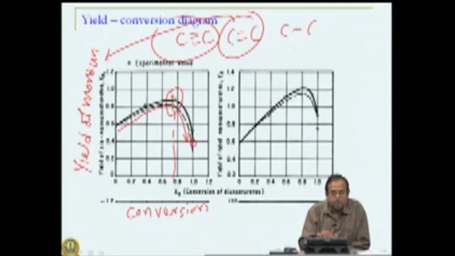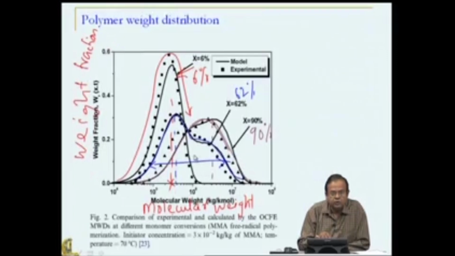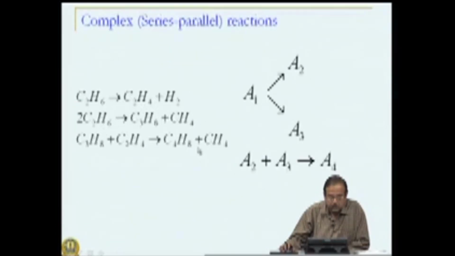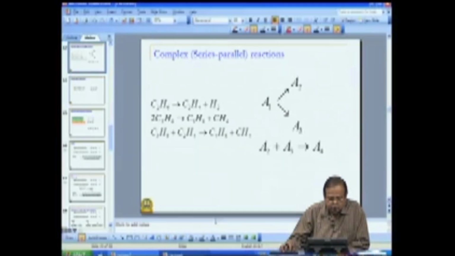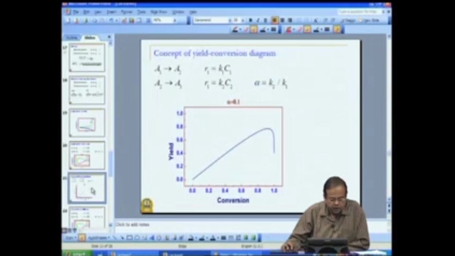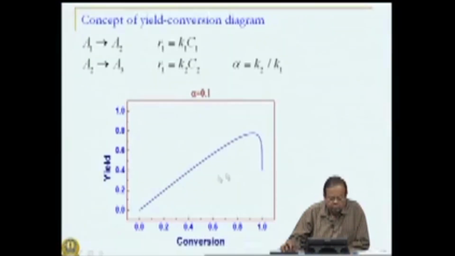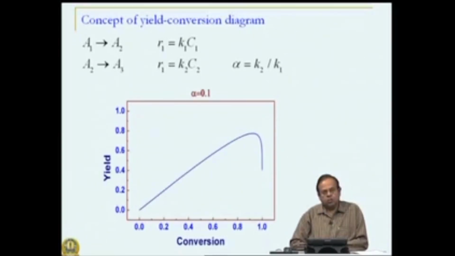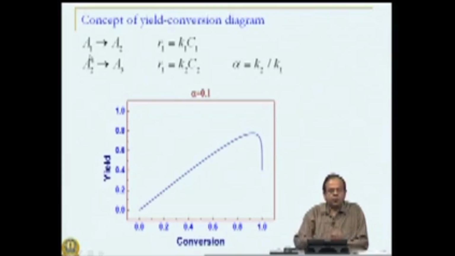This particular behavior is very similar to what we just now saw when we considered a simple kind of reaction such as A1 going to A2 going to A3. That means that hydrogenation of unsaturated oils must have somewhere in the reaction scheme reactions of the type A1 going to A2 going to A3.